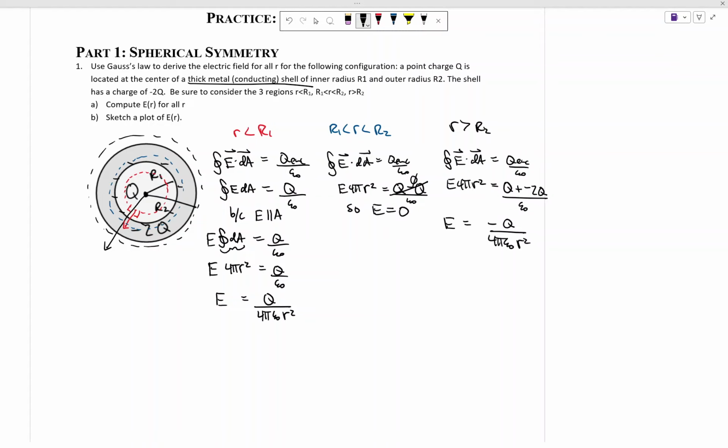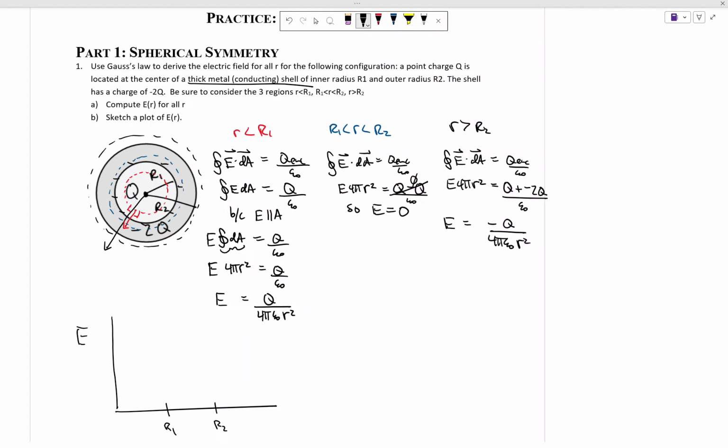And then the other thing that we want to do is to sketch a plot of what this would look like. So let's give ourselves a little cartoon. So from 0 to R1, what's it doing?